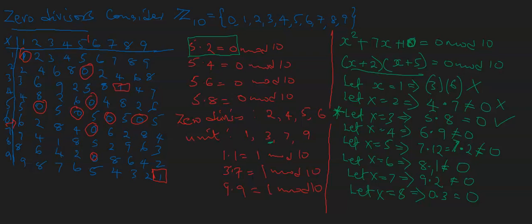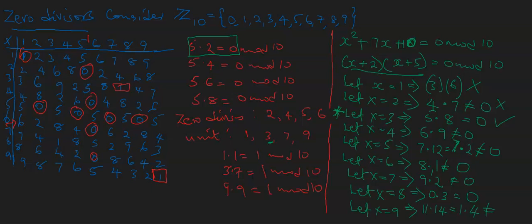Then finally, let x be 9. If x is 9, we shall have 11, which is the same as 1 times 14, which is the same as 4. So this is the same as 1 times 4.